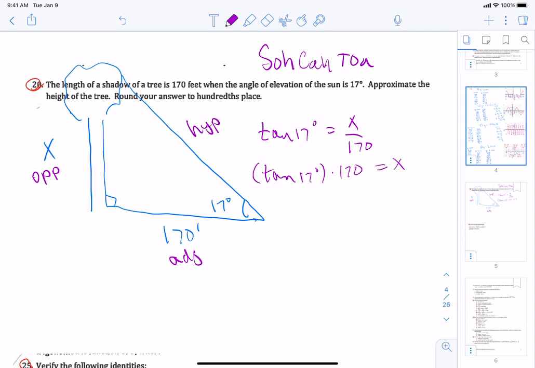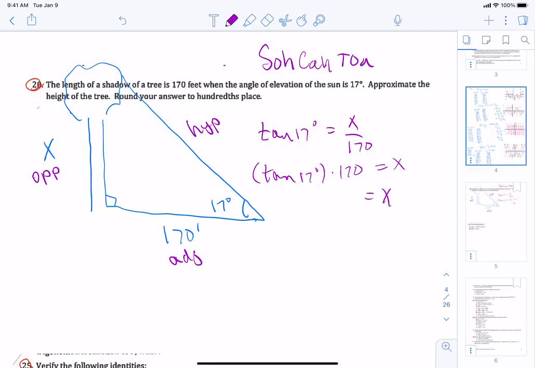Now, see how it says approximate to the nearest hundredth. That tells you, at this point we're going to need a calculator. This isn't something we can do with the unit circle. And so you're just going to do the tangent of 17, make sure your calculator is in degree mode, and then you're going to multiply that times 170. We're going to round it to the nearest hundredth.